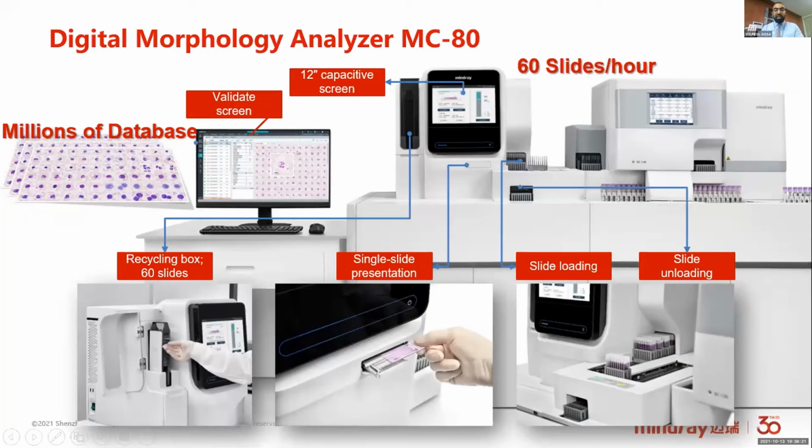And as you can see here, it can give us all the information about the image for the samples, especially pathologic samples. And here we can validate the results based on the machine and also based on the image. And also we have different kinds of sample loading, for example, by batch of, for example, 10 samples, 10 slides, or only by single slide loading.